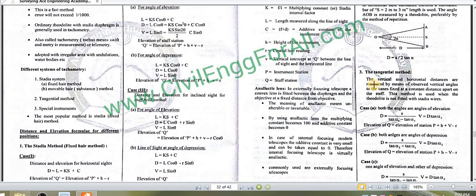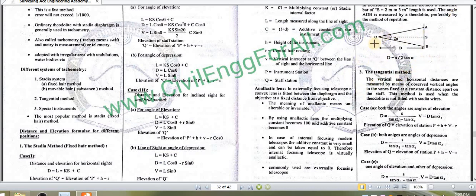In the tangential method there can be different conditions, like when both the angles are inclined upwards. As I've told you, in this method a special leveling staff is used. That leveling staff is provided with targets, one at the top and one at the bottom. You need to bisect the first target and measure the angle, given by alpha 1, and then take the second target and measure the angle, alpha 2.